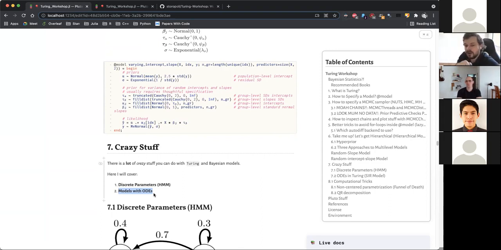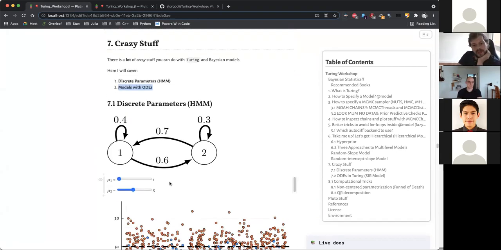For the hidden Markov model, I don't know if it's the right approach, but that's what I've tried to code, and it took me some hours of research, and this is the best thing that I found out. Maybe the people in the audience have some better ideas, who knows.